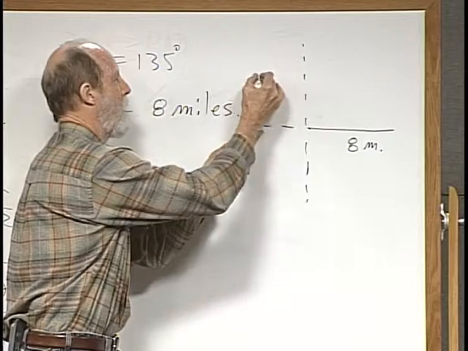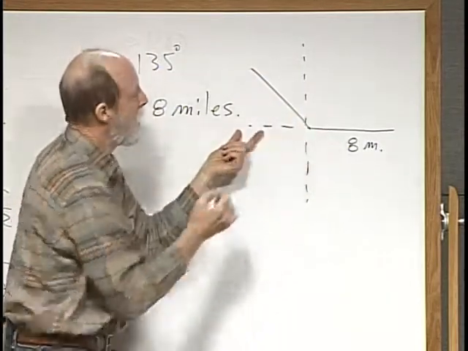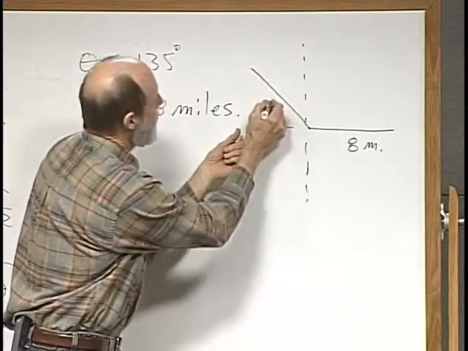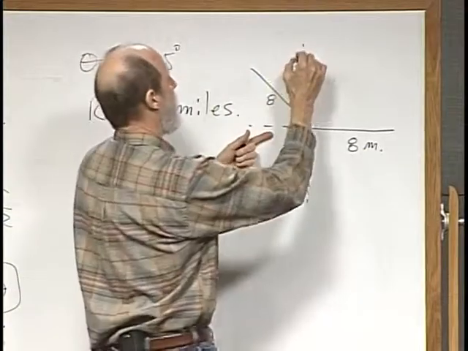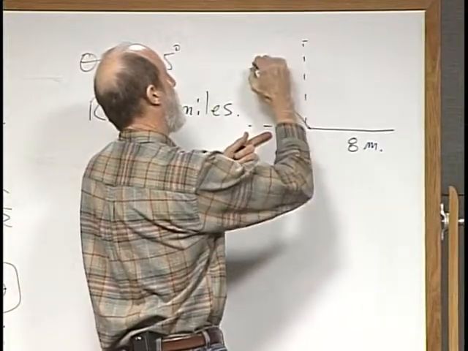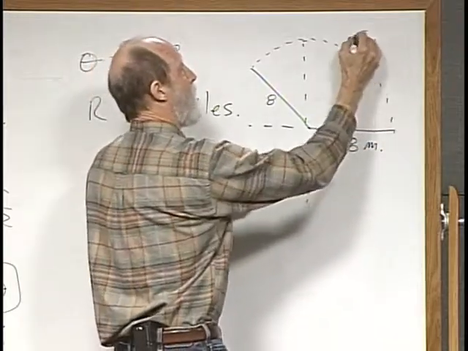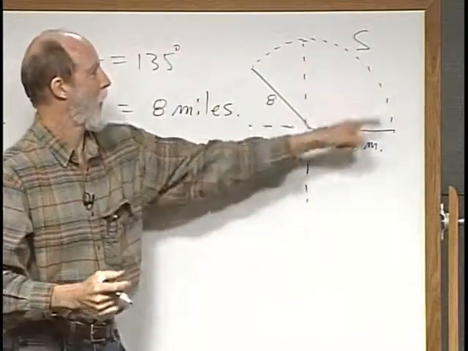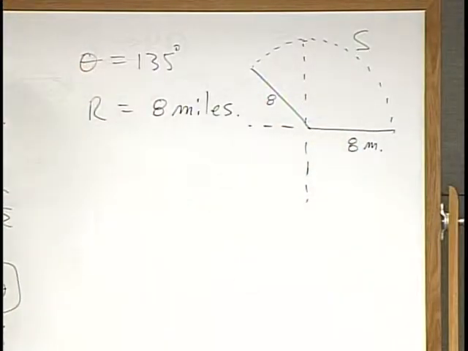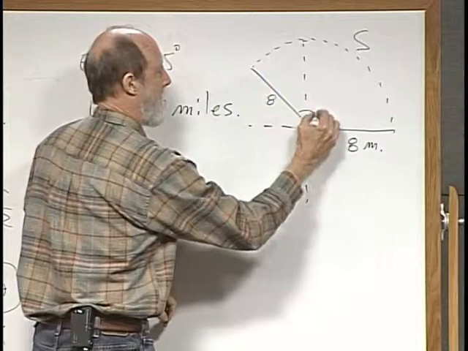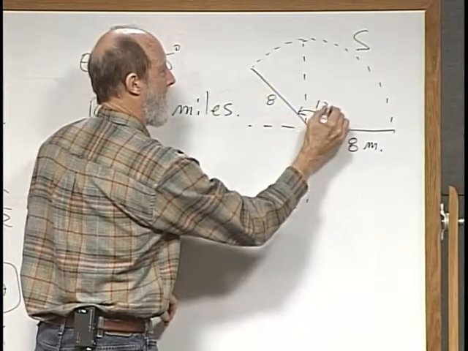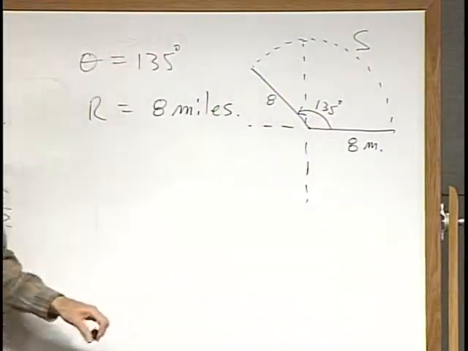So it's going to be pointing right back up this way. Same radius, 8. And then we have this circular arc, don't we? Right there. What we're interested in is the length of that arc. And the central angle right here in the picture is 135 degrees.